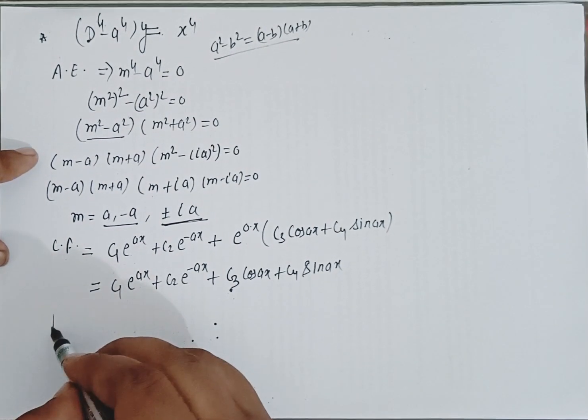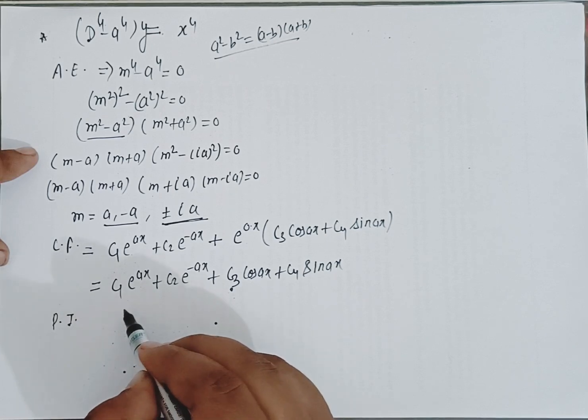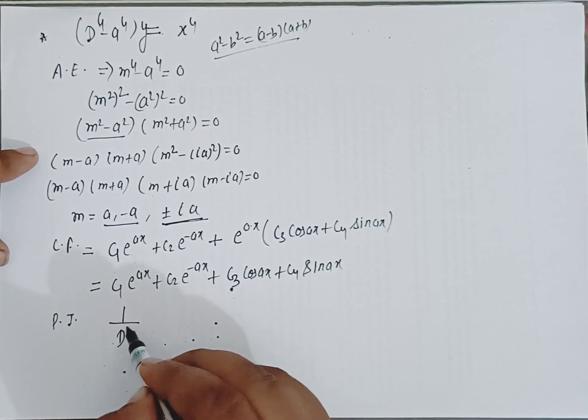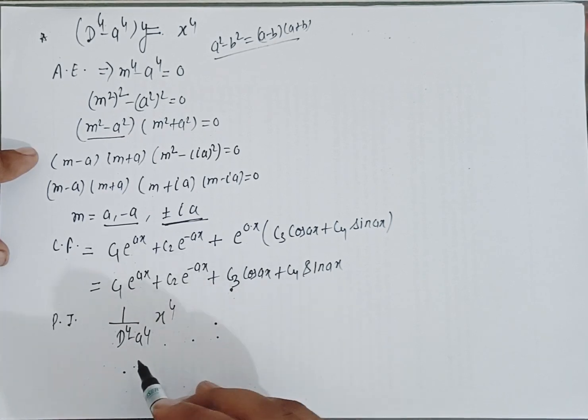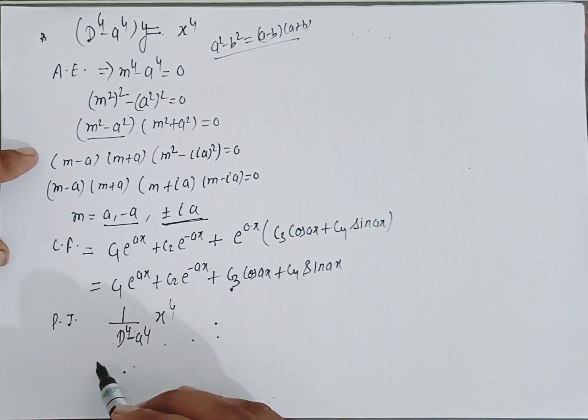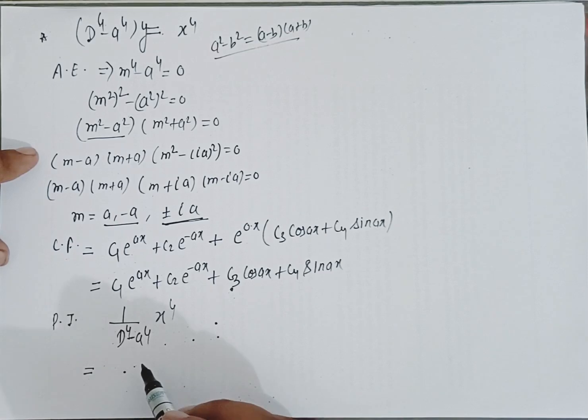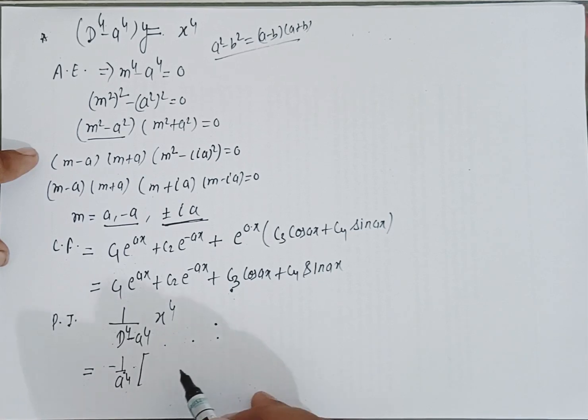Okay, now for the particular integral we need to calculate 1 upon d to the power 4 minus a to the power 4, x to the power 4. Obviously, as I have stated all the rules to find the PI. So first of all, take the lowest degree term outside to convert it into the 1 plus f of d form. So take minus 1 upon a to the power 4 as common from the denominator.